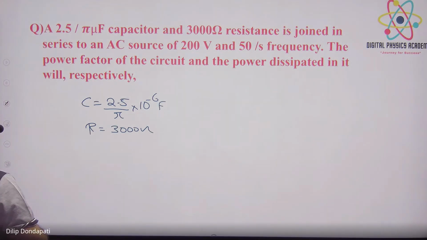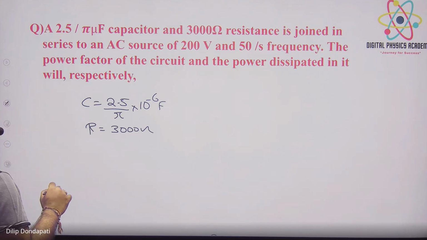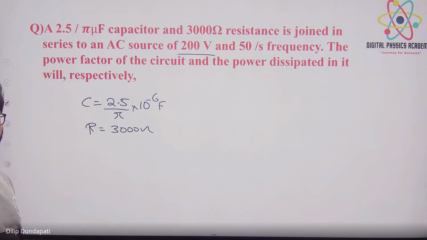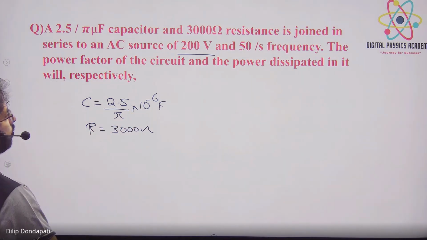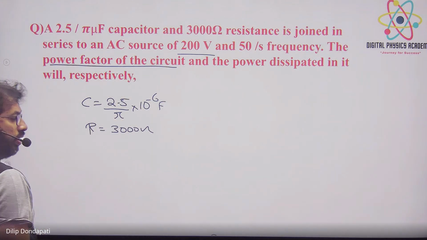Resistance is joined in series with an AC voltage. Voltage is given as 200 volts. What is this, peak value? 200 volts means what? It is RMS, right? Then 50 cycles per second frequency is given. Asking power factor of the circuit and power dissipated. Find both.